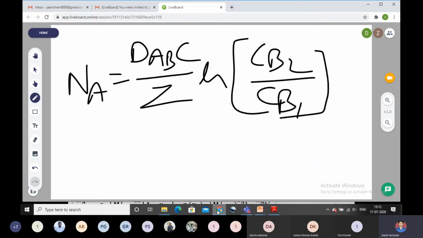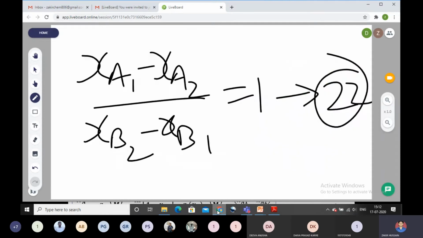If you multiply this equation with 1, does it cause any change? Nothing. Anything multiplied with 1, the same quantity will come. X multiplied with 1, X will come. Y multiplied with 1, Y will come. So it is equated to 1. Now we can give this as equation 23.